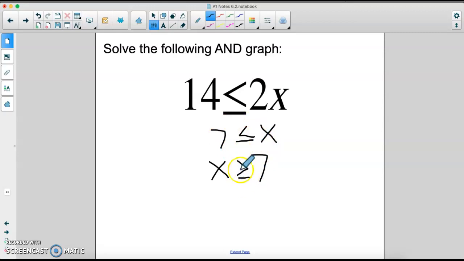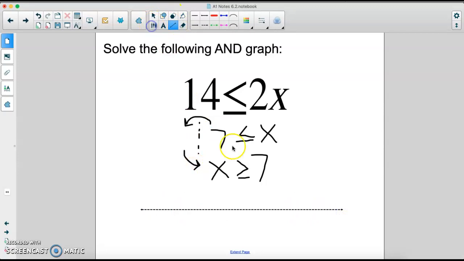Some of you may think, well, why are you switching the sign if you didn't divide or multiply by a negative? Because in this case, I'm turning the whole equation around. I'm basically taking the mirror image over a dotted line and saying, instead of being in here, I'm taking it over here and making it look like this. So this is just the mirror image. I'm not changing the sign or how I graph it.